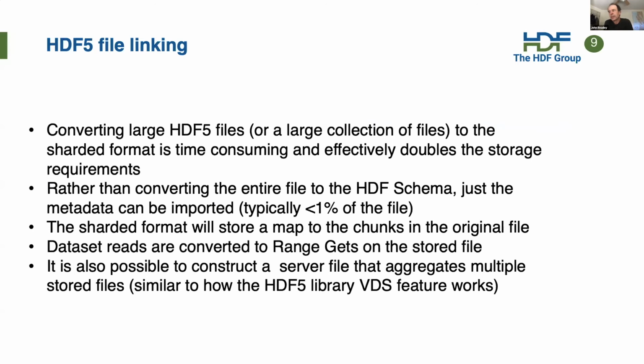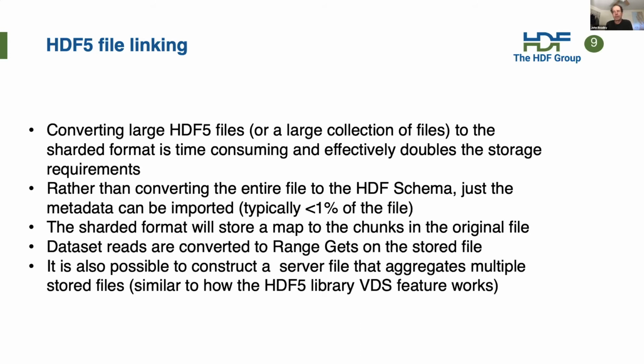If you have a bunch of large HDF5 files, doing this conversion is rather time consuming. And then you're going to wind up with double the amount of storage, assuming you don't want to get rid of the original HDF5 files. So we support this idea of linking to the source HDF5 files. The hsload works like before, and it gathers up all the metadata.